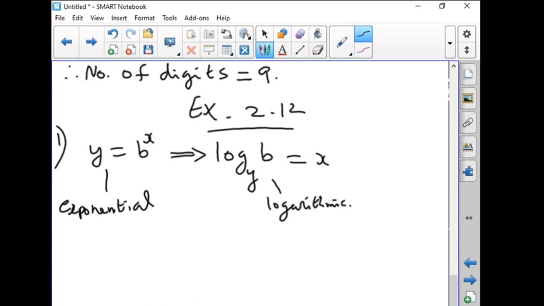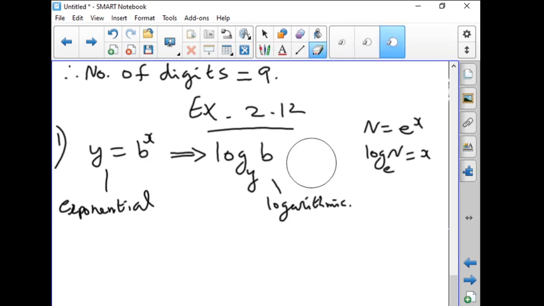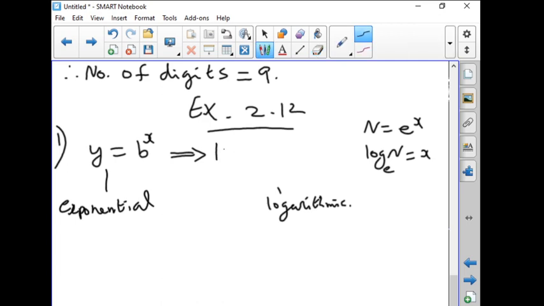So I have told you, when n is equal to e power x, we write it as log n to the base e is equal to x. Sorry, I wrote wrong. The base should come down. So log y to the base b is equal to x. Is it clear, all of you?